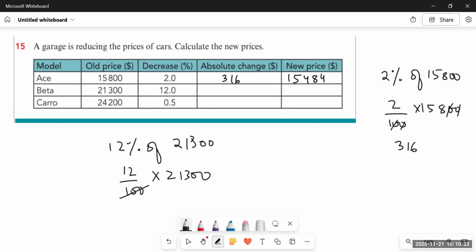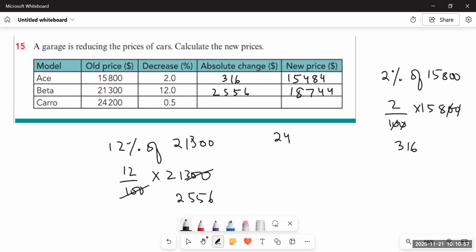So two zeros will cancel the two zeros and we'll be left with 12 multiplied by 213, which is 2,556. Now we will subtract it from 21,300 and we will get the answer. That's 18,744.